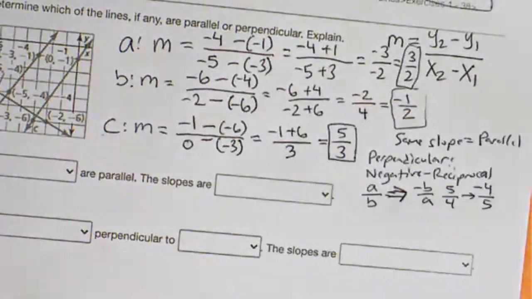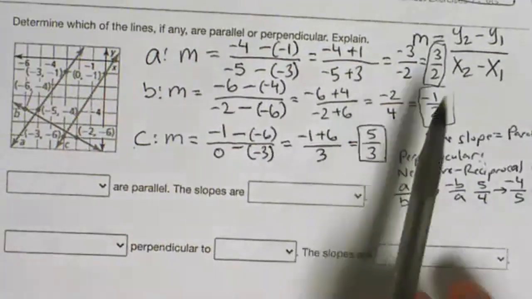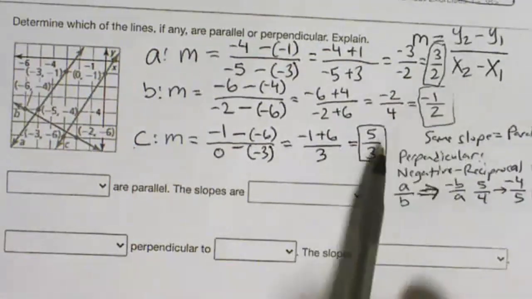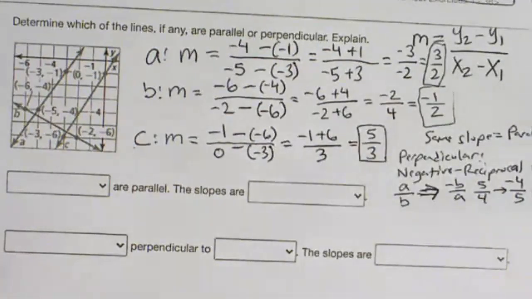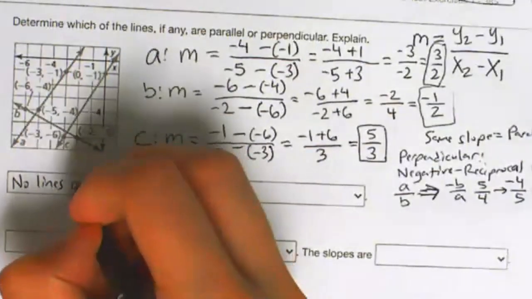So let's see if any of our lines have the same slope to see if they're parallel or if they have perpendicular slopes. So if we look at our three lines, we have 3/2, -1/2, and 5/3. None of those are the same. So we would say no lines are parallel.